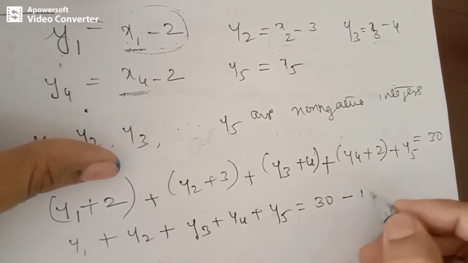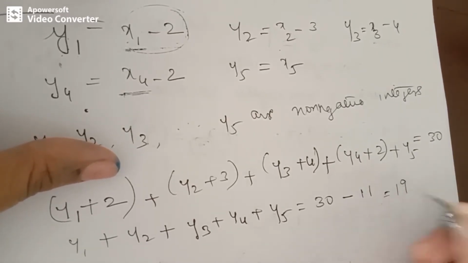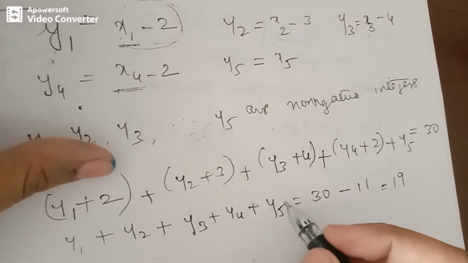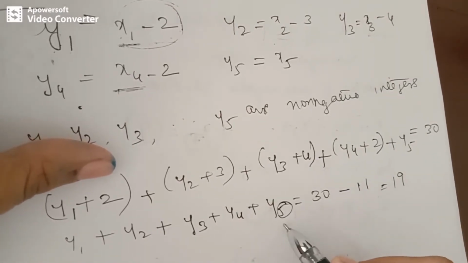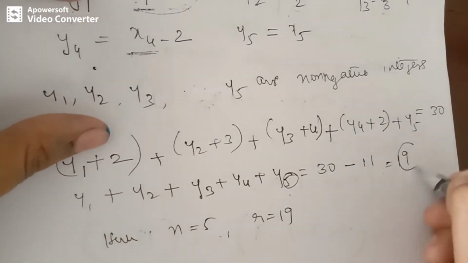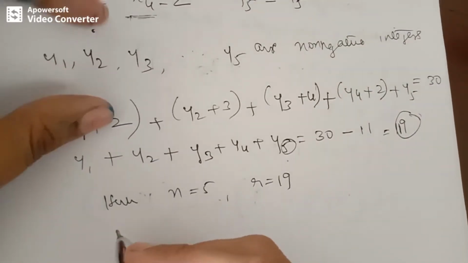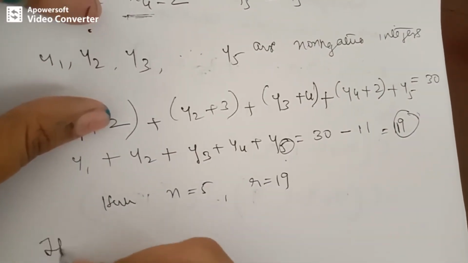So it is 30 minus 11, which is nothing but 19. So clearly we can know the value of n. Here we can write n is equal to 5 and r is 19.